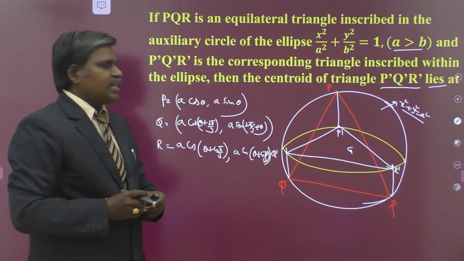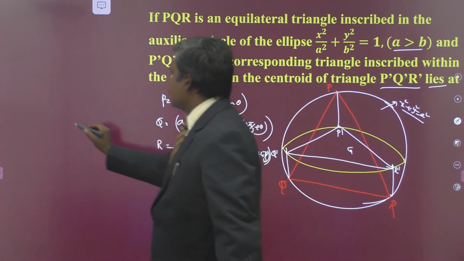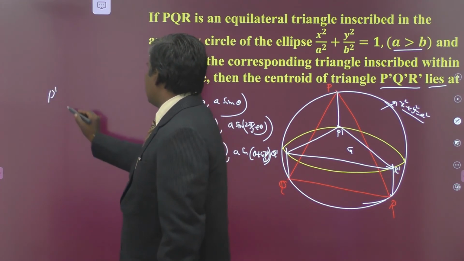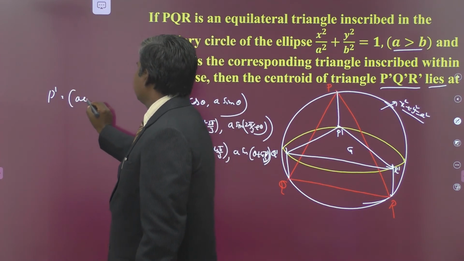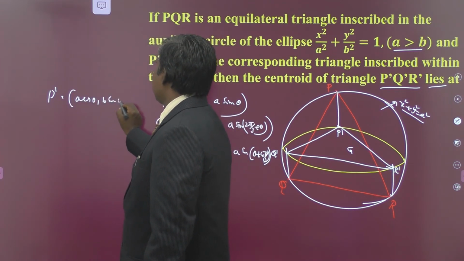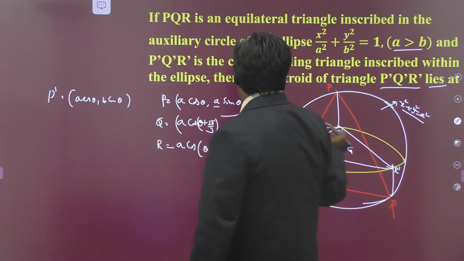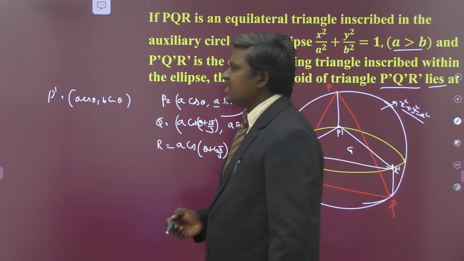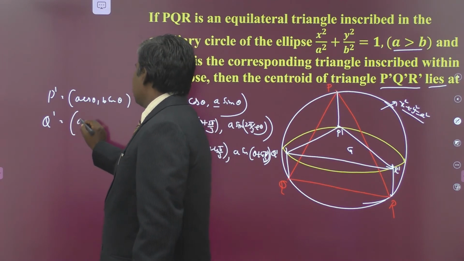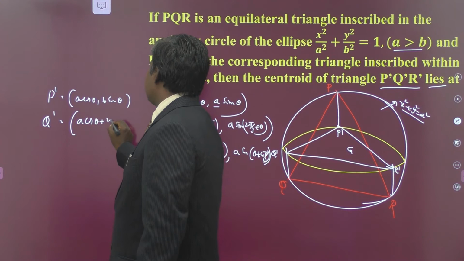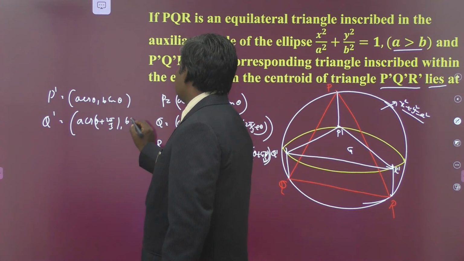Can I write its corresponding points or not? What are the corresponding points? If it is P, automatically you have P dash equal to what? P dash is equal to a cos theta comma b sin theta. Instead of this a, you write b, and we obtain the points P dash, Q dash, R dash, the corresponding points on the ellipse. What is Q dash now? Q dash is equal to a cos theta plus 2 pi by 3 comma b sin theta plus 2 pi by 3.